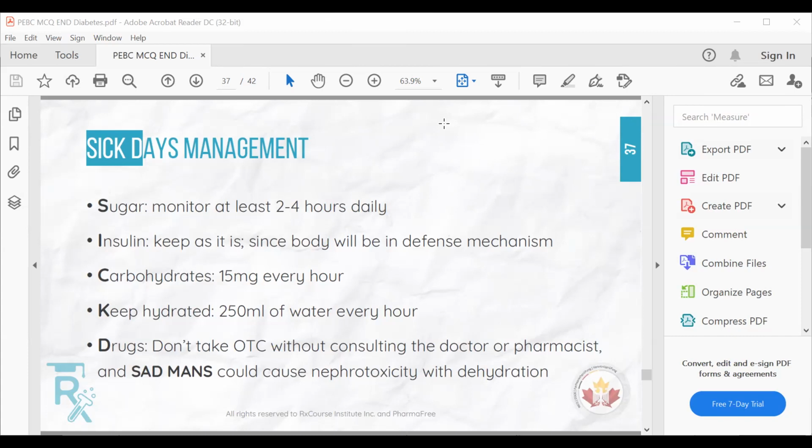Before going through the details of SAD-MANS, can anyone tell me why in a sick day I'm going to stop specific medication? Like, what is the issue? Why am I doing that? Renal function. Thank you, Amr.